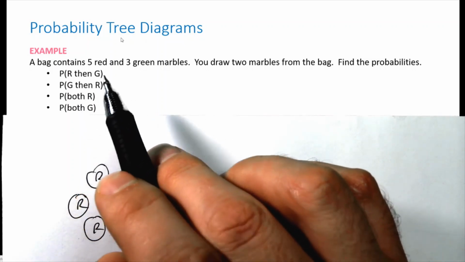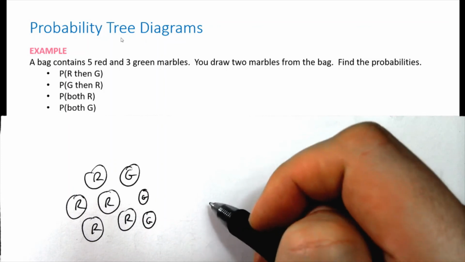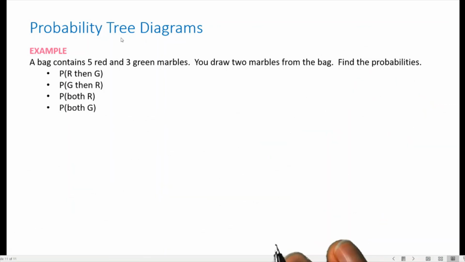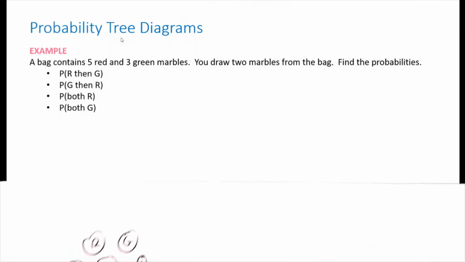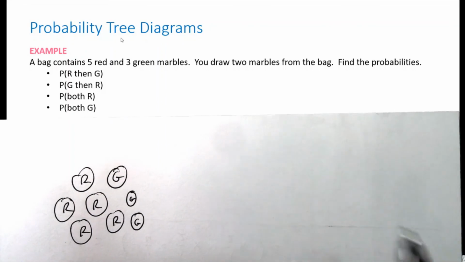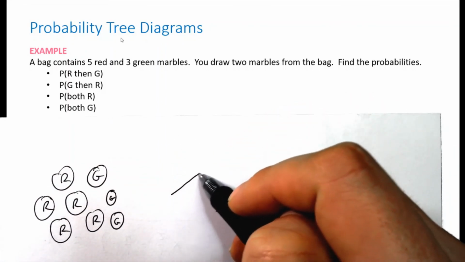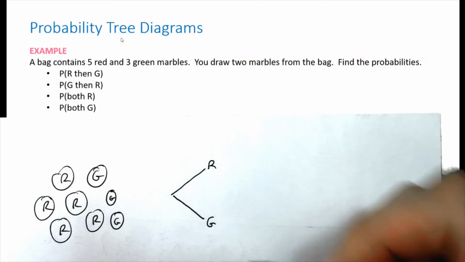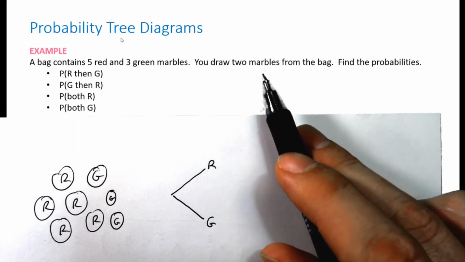Okay, red, then green. So one way you could set this up is to draw a tree diagram. I think I had one on the slide, but let's just draw it. So I could draw red or green. Now, after I draw the first marble, I'm going to draw a second marble because I'm drawing 2.